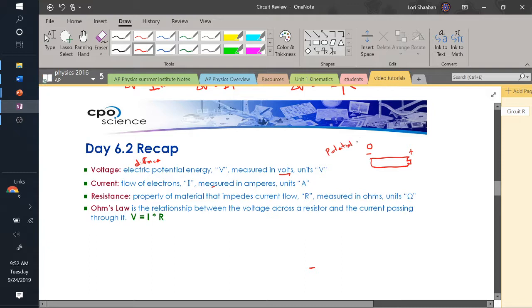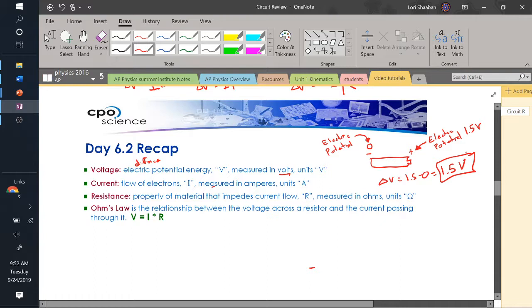Electric potential is 0 on the negative side. And on the positive side, the electric potential is 1.5 volts. So the difference between those is 1.5 minus 0 is 1.5 volts. So that's the voltage across the battery. It's the difference in the electric potential.